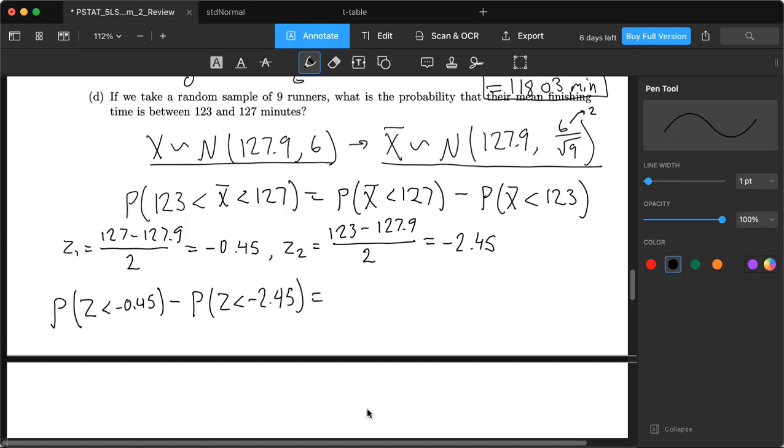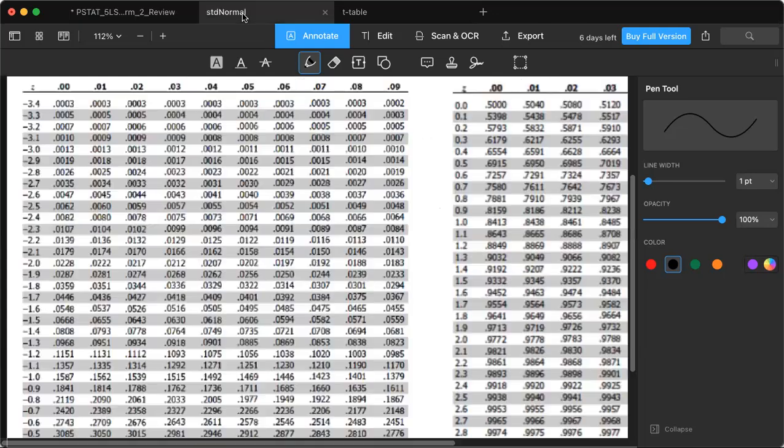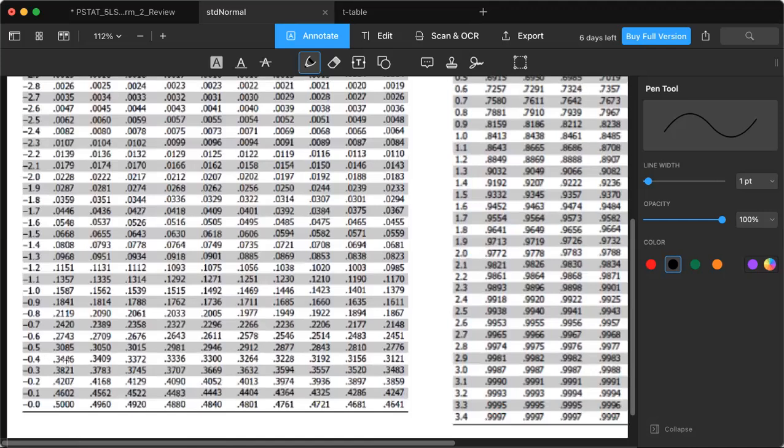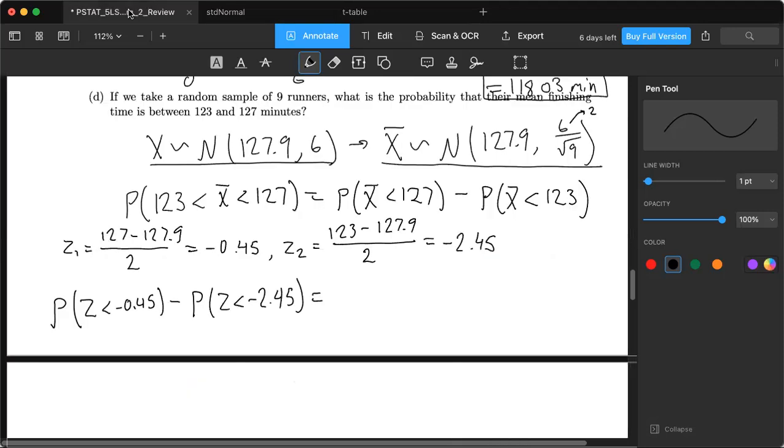Let's find out what those are. Negative 0.45 gives 0.3264.